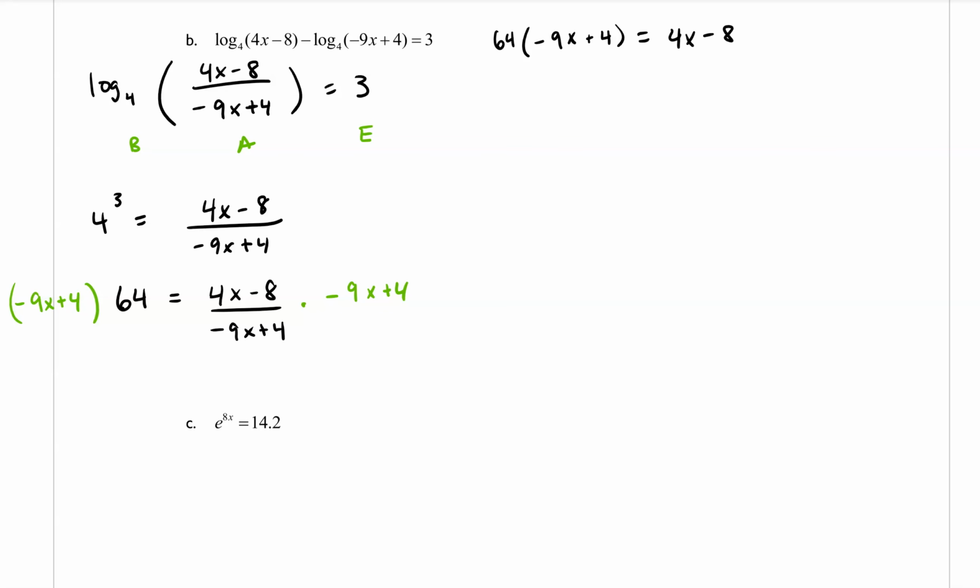Okay, so if I distribute that 64, then we get negative 576x plus 256 is equal to 4x minus 8.